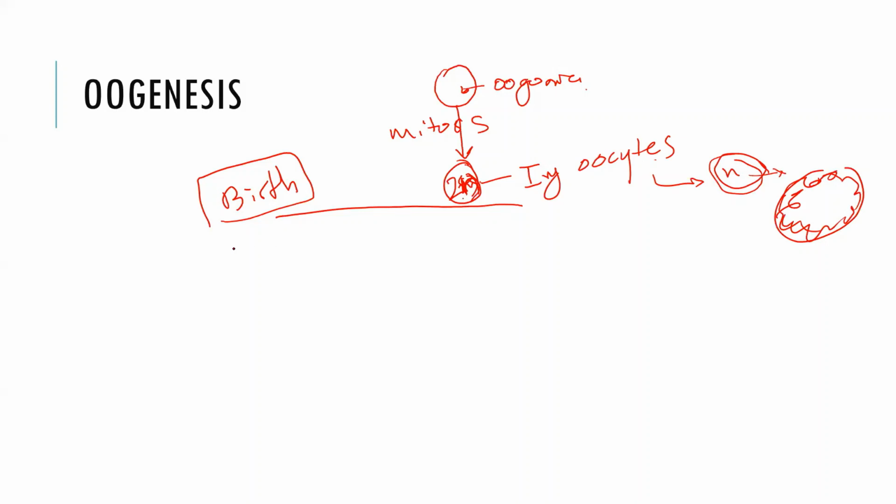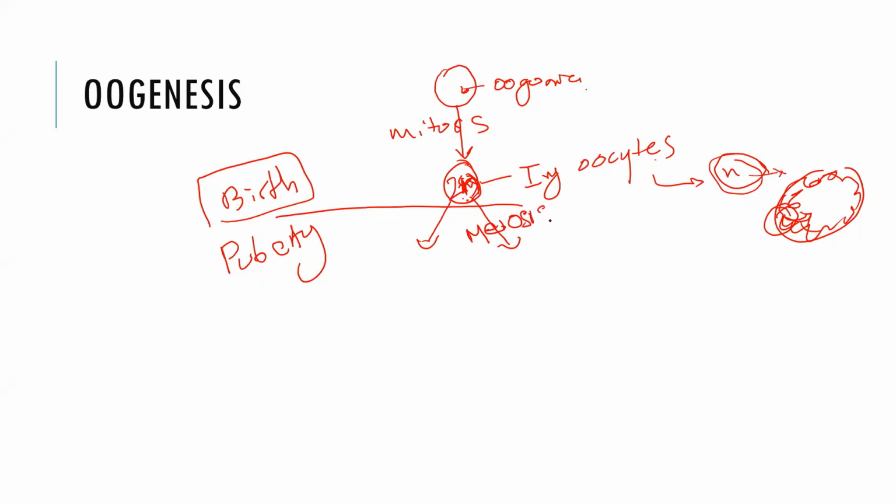So they remain like that until puberty. So after puberty, in each menstrual cycle, a certain number of these primary oocytes undergo maturation. That is, they start meiotic division.